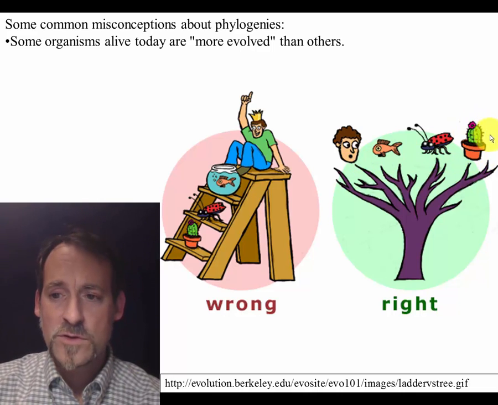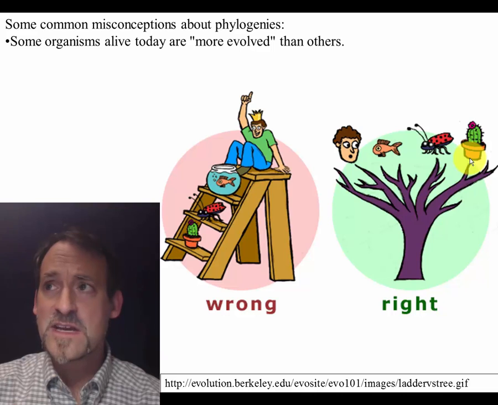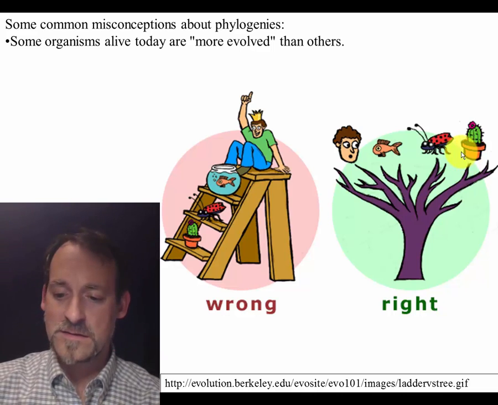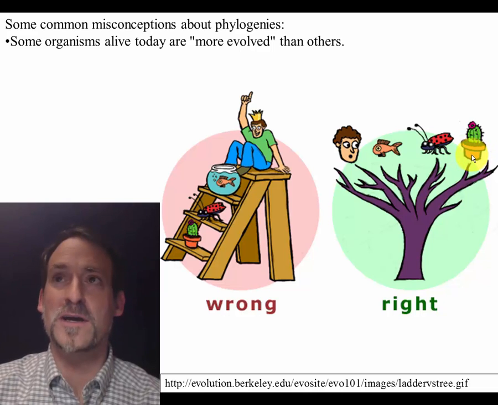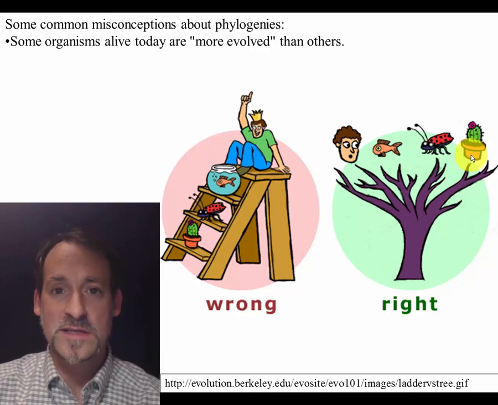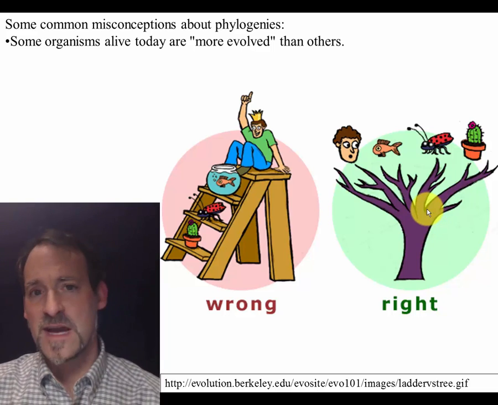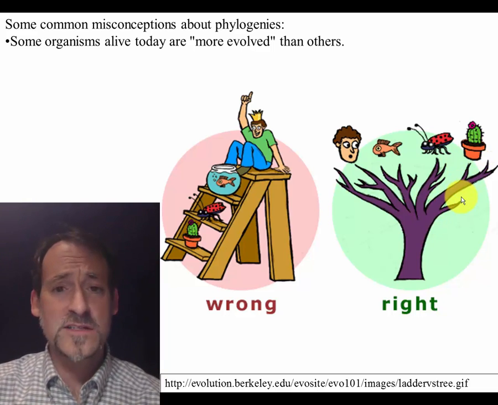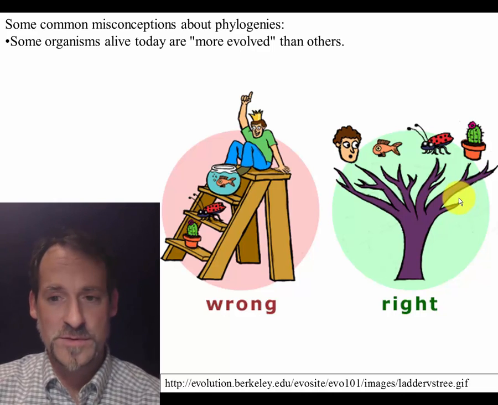On the other hand, from the point of view of the plant, it has a remarkably well-evolved system for gathering light and producing its own energy. Much better evolved than the systems in these organisms, which, basically, can't gather their own energy. And so the cactus would say that in many ways it is more evolved.